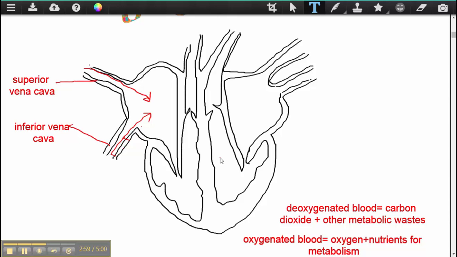The diastole is when the two upper chambers contract or compress, forcing blood into the bottom chambers. And systole is when the two bottom chambers contract or compress, forcing blood out of the heart. Okay?